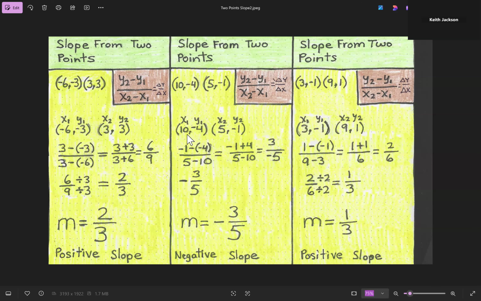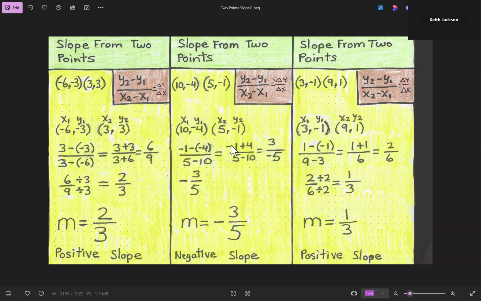And so for our first point, x would be x sub 1 along with its y sub 1. And then for our second point, our x sub 2 will go along with its y sub 2, as you see right here. And so what we're going to do, we're going to take this -1 and subtract it from this -4. So we have a -1 minus a -4. And then we're going to take this x value and subtract it from this x value right here. And so we have a 5 minus 10.